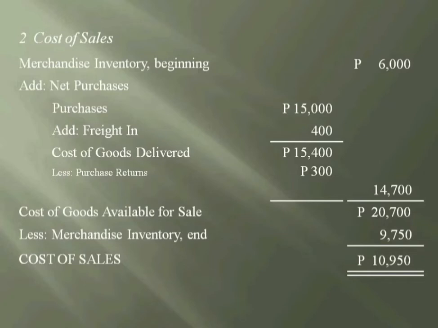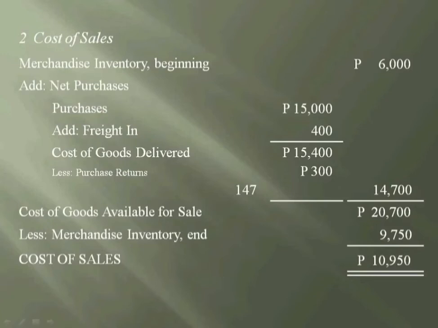Let's assume further that your store purchased the chocolate bars on account, which was subsequently paid within the discount period, and therefore your business was able to avail of the cash discount of 1%, which is equivalent to 147 pesos, computed by multiplying 1% or 0.01 by 150 pesos and then multiplying the product again by 98 bars, not 100 bars, because 2 bars were returned, remember?